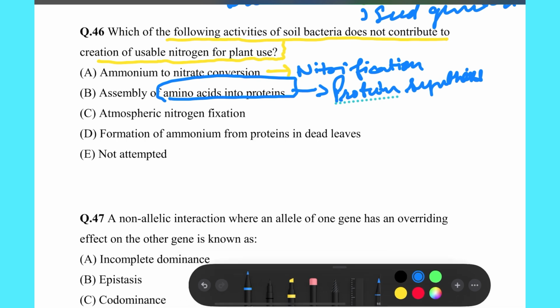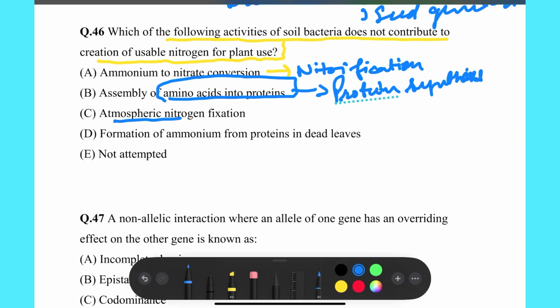Move to the next option, nitrogen fixation.